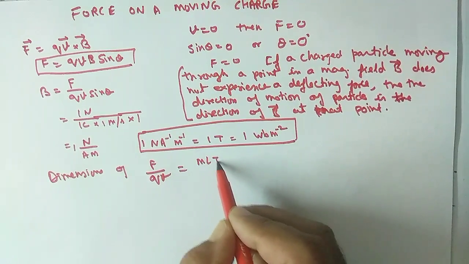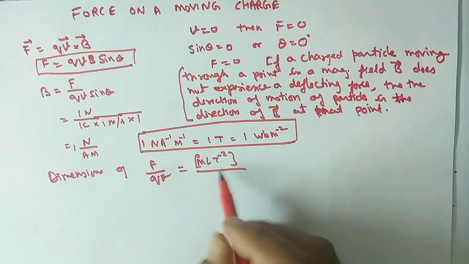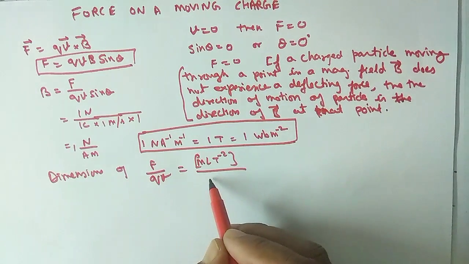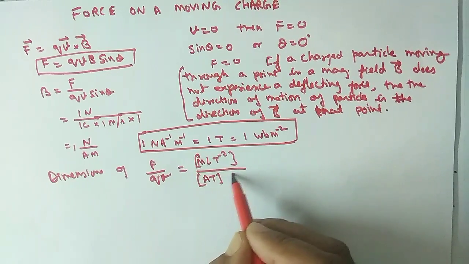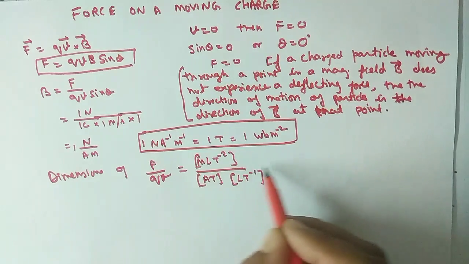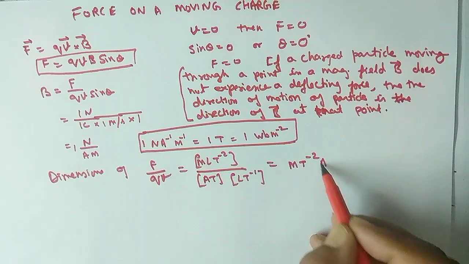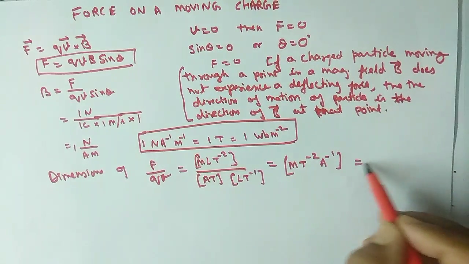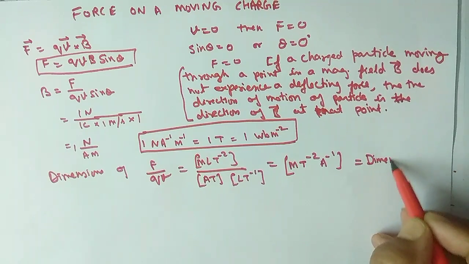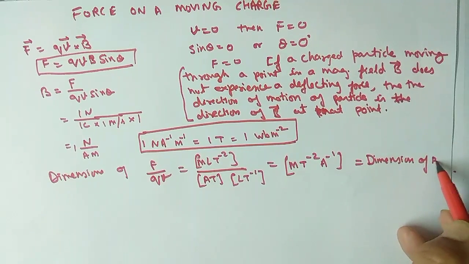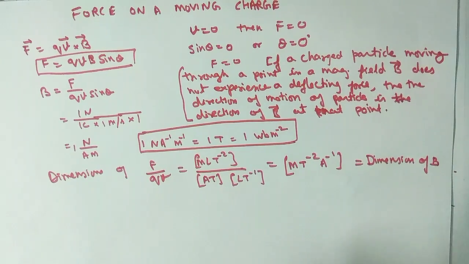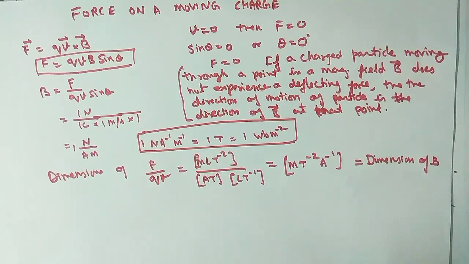F means force, MLT⁻², and Q means Q = IT, AT, and V means LT⁻¹. So the dimensions of B are MT⁻²A⁻¹. So this is the dimension of B. This is the introduction of the magnetic field, directions, and what the magnetic field is.